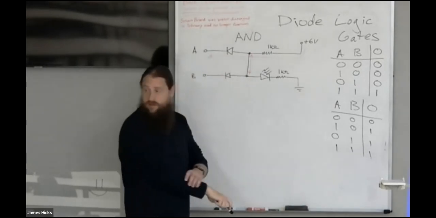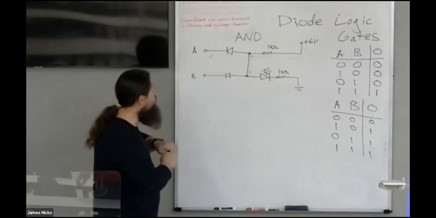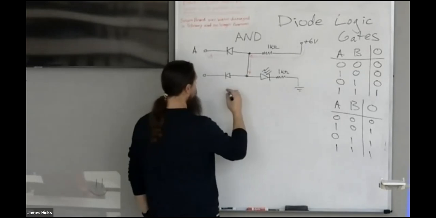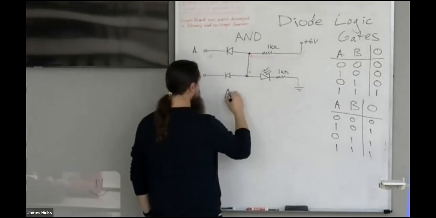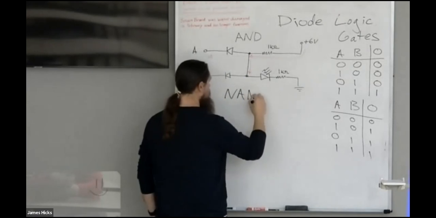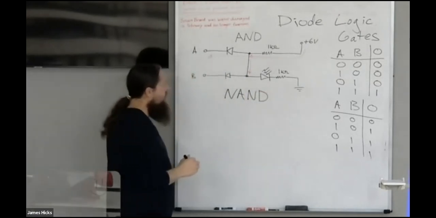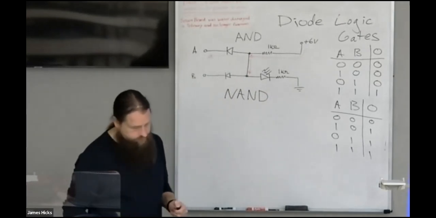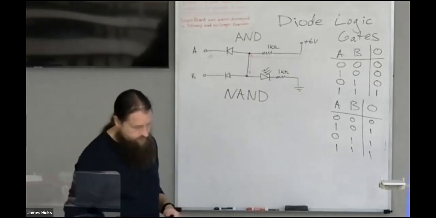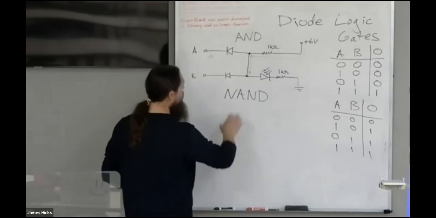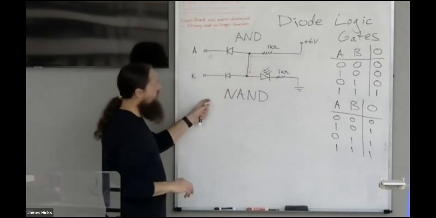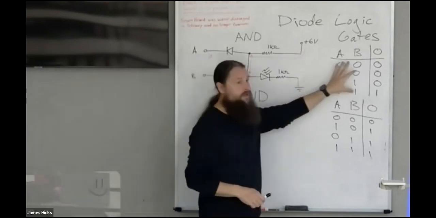So one more logic gate. How do I get a NAND gate out of this? The way you turn the diode AND gate into the diode NAND gate, remember, we need to do the exact opposite of this.